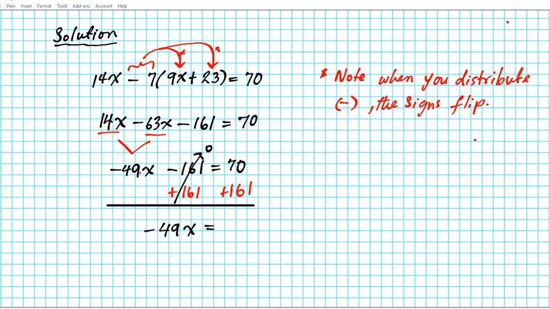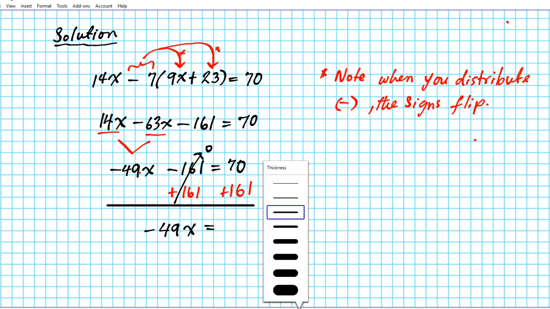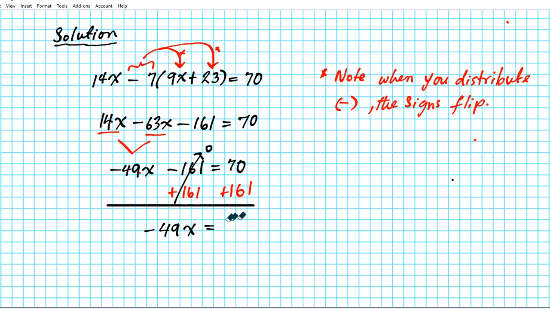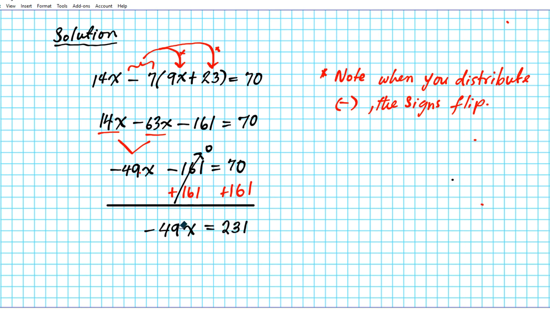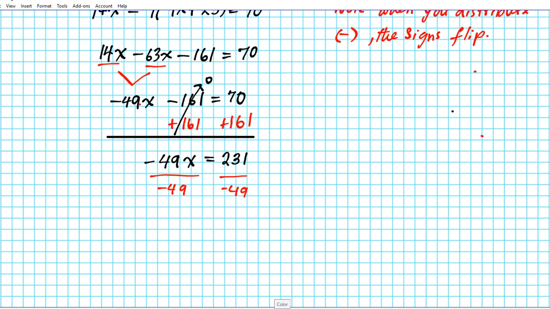So 70 plus 161 is positive 231. We have 231. And then to get x by itself, we're going to divide both sides of the equation by negative 49. Okay. And that gives us the final result, which is x is equal to negative 231 over 49.